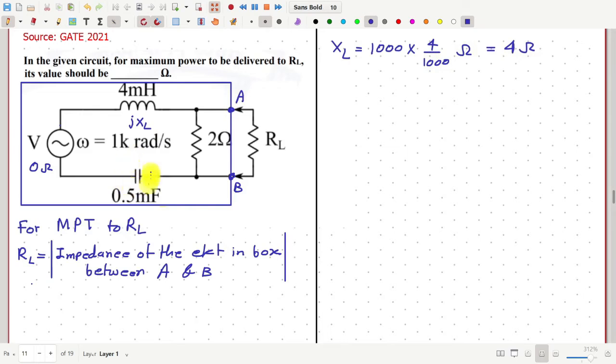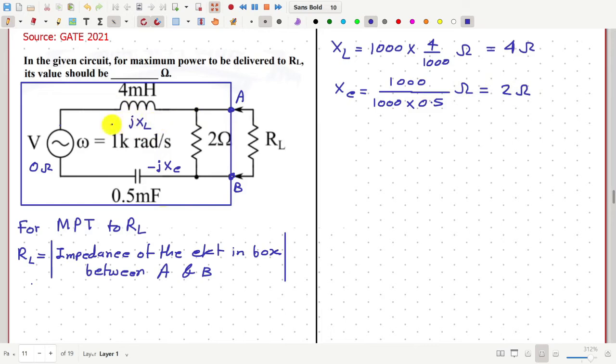Then if the impedance of this capacitor is minus jXC, then XC is equal to 1 by omega, 1000, into C. C is 0.5 milli, so 1000 into 0.5 milli, and the inverse of this in ohm is equal to 2 ohm.